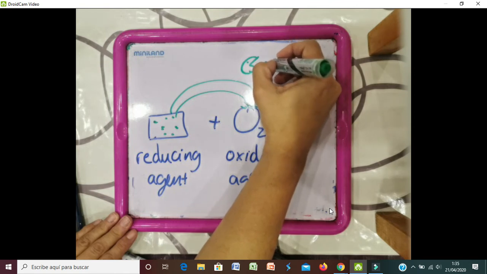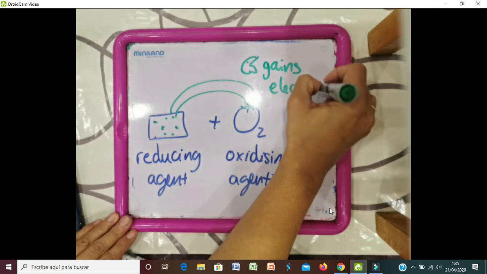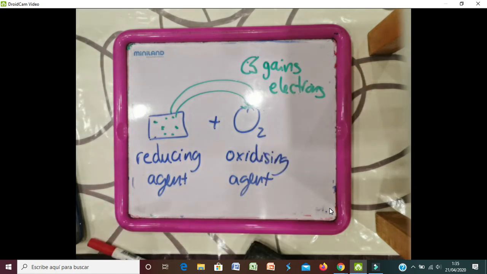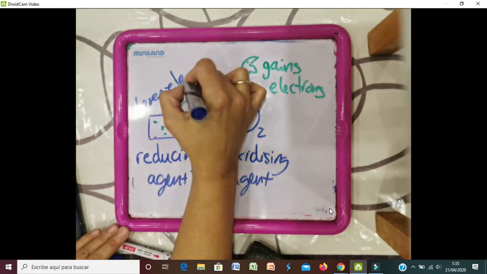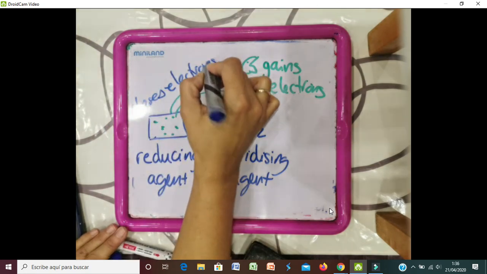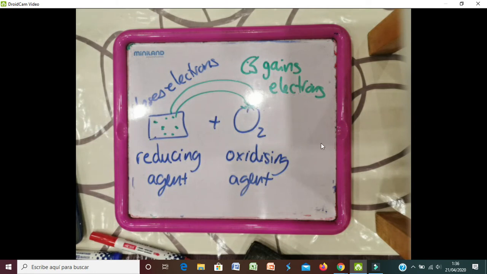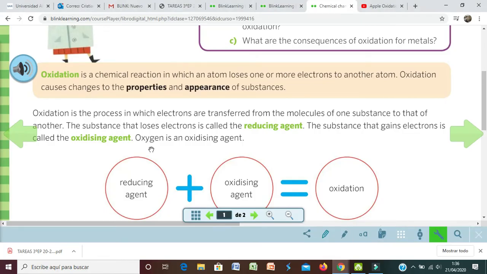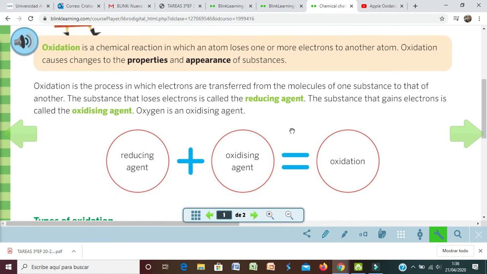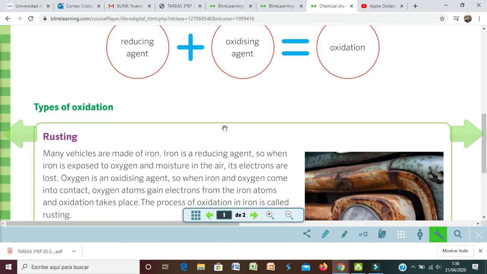So this gains electrons and this loses electrons, right? So the oxygen gains electrons and the reducing agent loses the electrons. So the oxygen is an oxidizing agent that gains electrons.